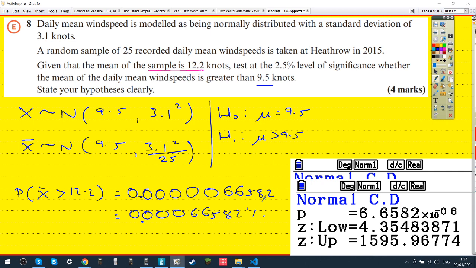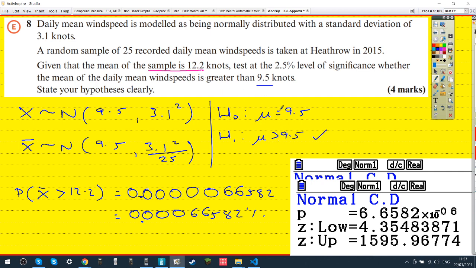It's a pretty low chance. So it's pretty low chance that it happened by random chance. Therefore, does that mean that the mean of the daily mean run speed is not greater than 9.5 knots? It means it's definitely the alternate hypothesis.